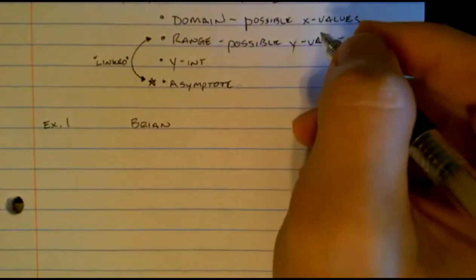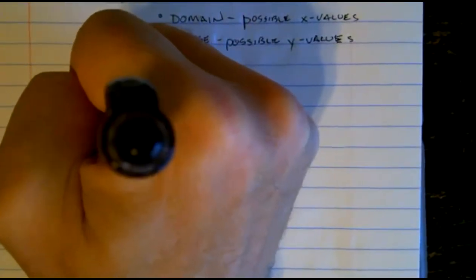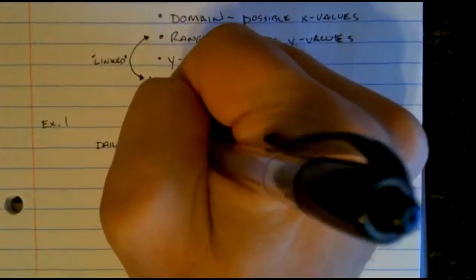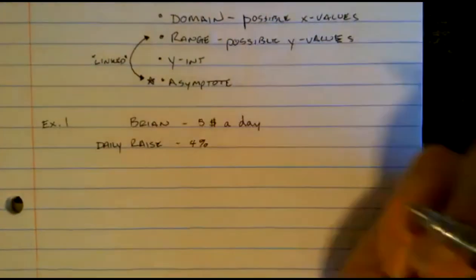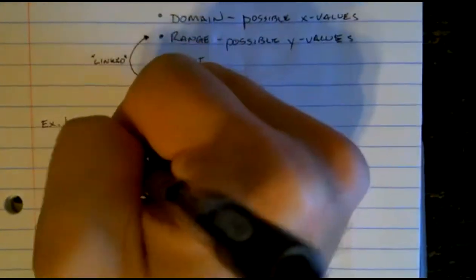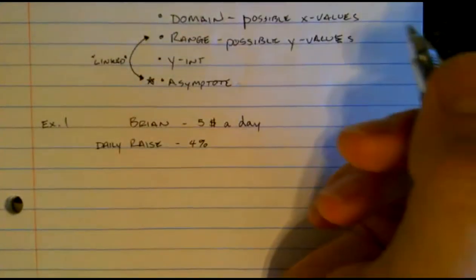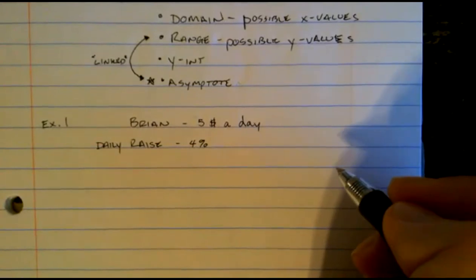And so we're going to think about Brian and his starting salary and how it grows over time. Now, Brian starts at a salary of $5 a day, but gets a daily raise of 4%.